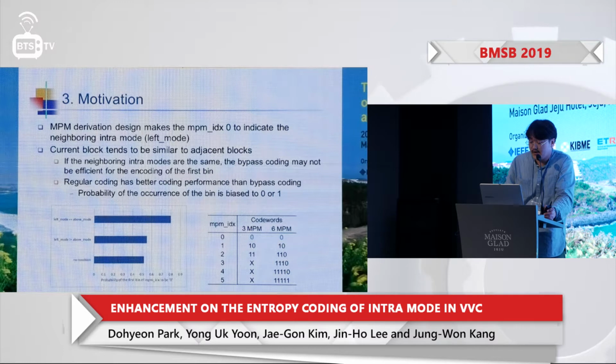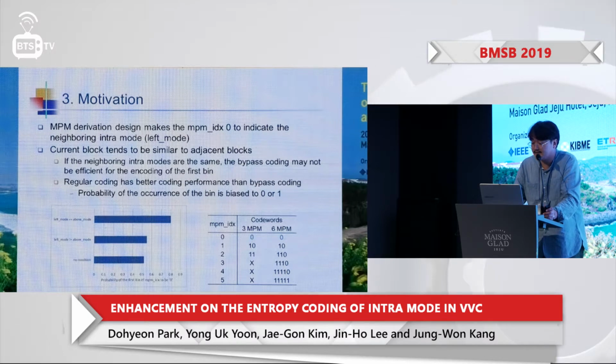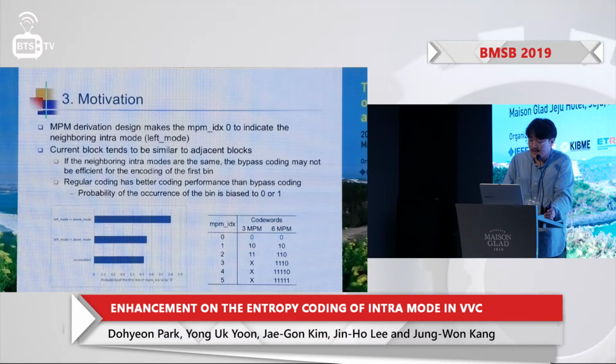As shown in the graph, under the condition that left mode and above mode are the same, the probability of the first bin of MPM index to be 0 is 0.8.